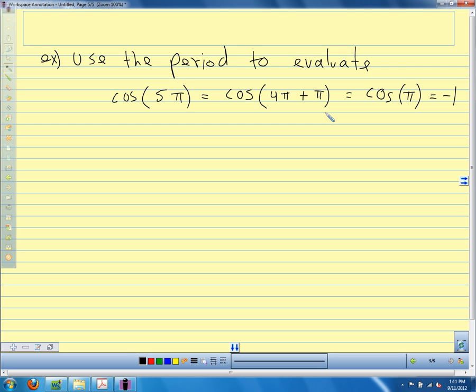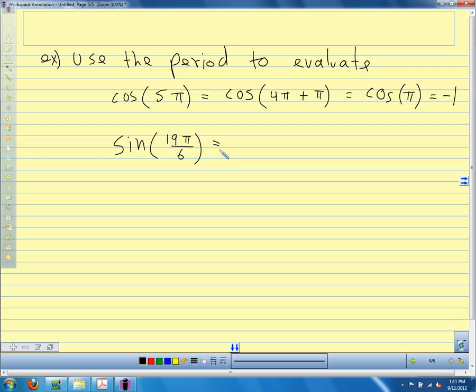Let's look at a little more complicated one. The sine of 19 pi over 6. We want to use the period of the function to help us evaluate this quantity.